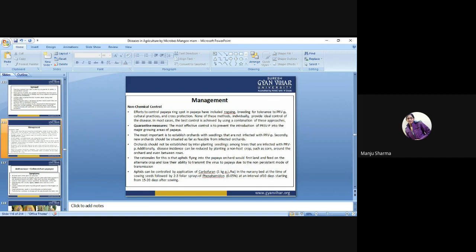Additionally, disease incidence can be reduced by planting a non-host crop such as corn around the orchards and even between rows.